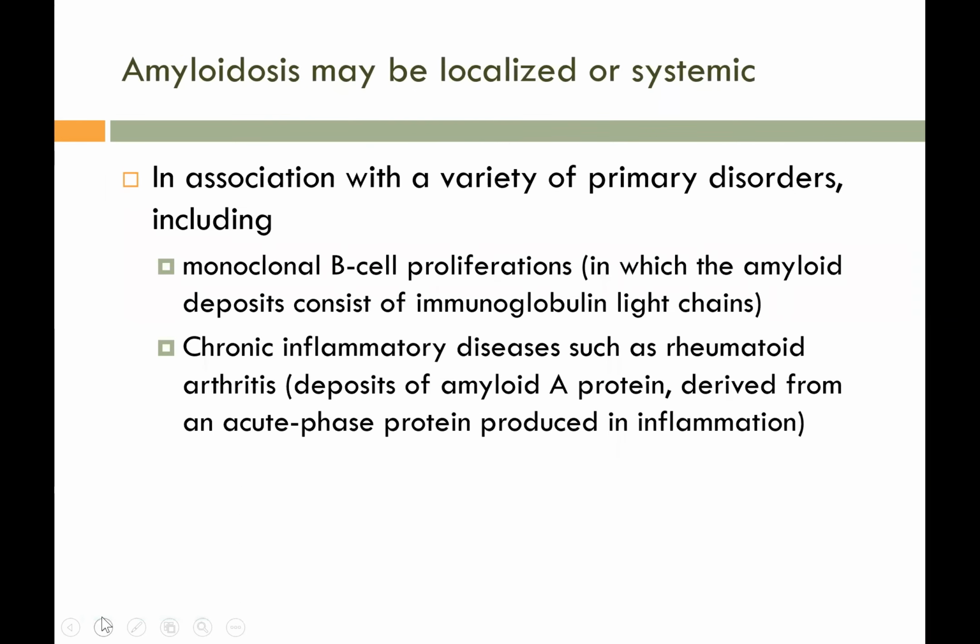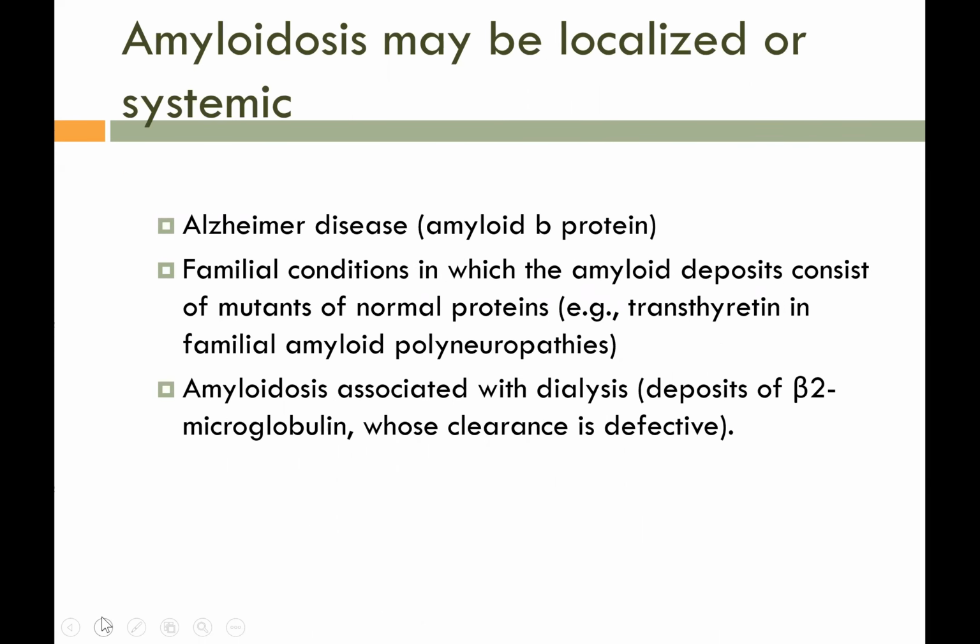So do not forget the sites and the types. It can be localized or systemic. The localized or systemic variant can be associated with a variety of primary disorders, including monoclonal B cell proliferation and chronic inflammatory diseases.